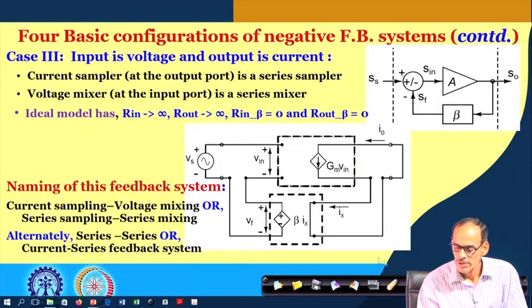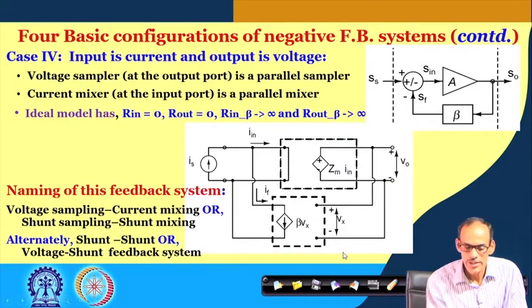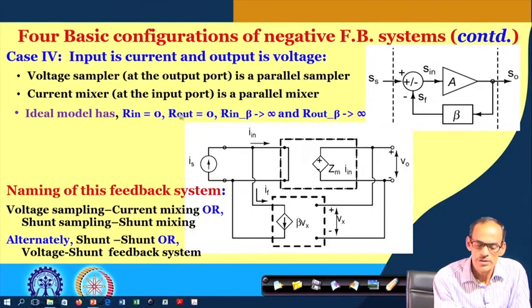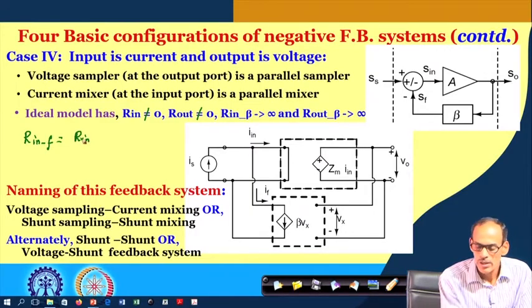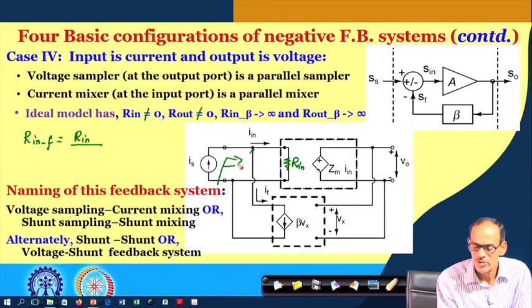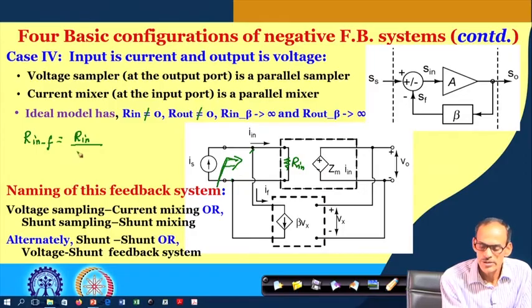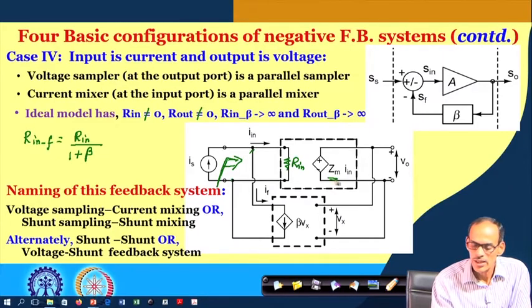So, if I consider the fourth case, and consider that these are non-zero, and I want to know R in F, which is related to R in, since it is a parallel connection, we expect the input resistance R in to be decreased, or desensitized, by the same desensitization factor, 1 plus beta into A, where A is Z m.